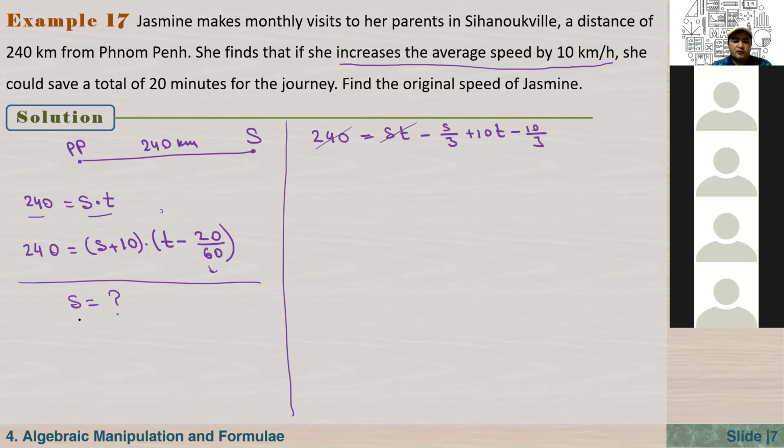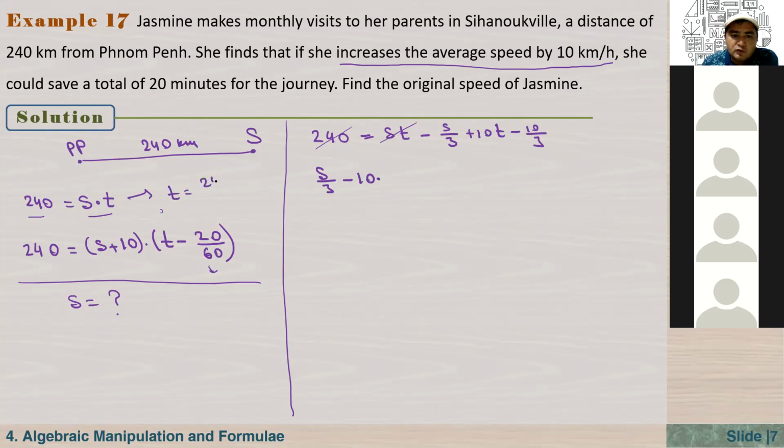Since we are looking for S, we need to eliminate T from our equation. Let me rewrite this, taking everything to the left-hand side. So I have S over 3 minus 10 times T. What is T from here?